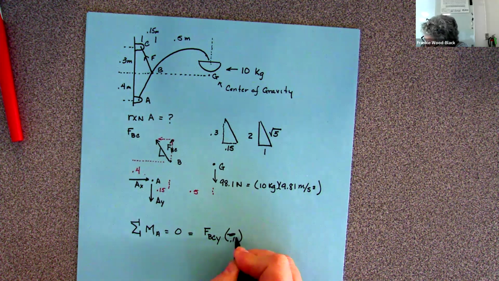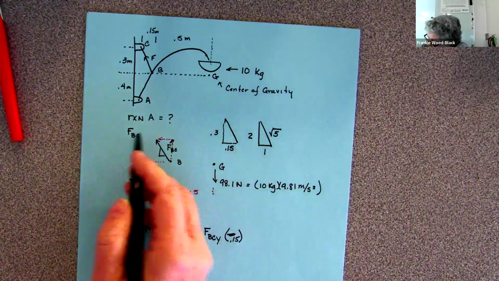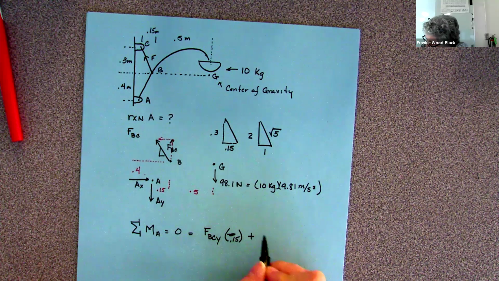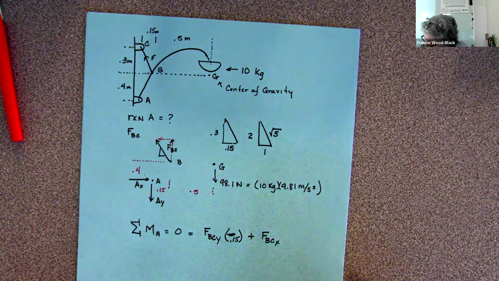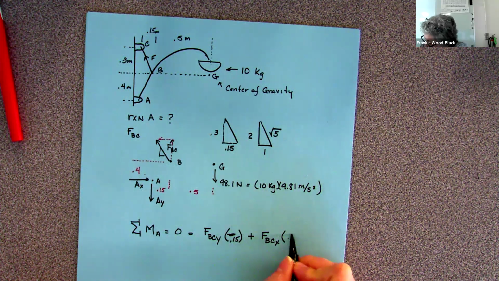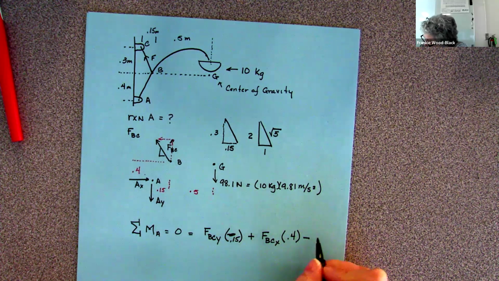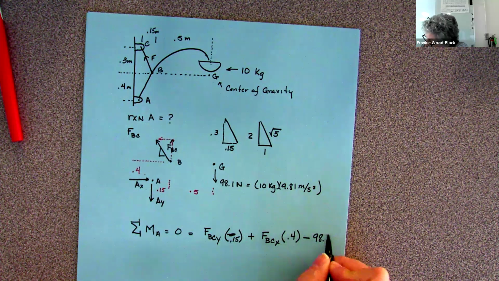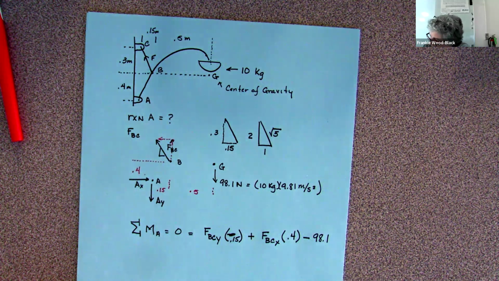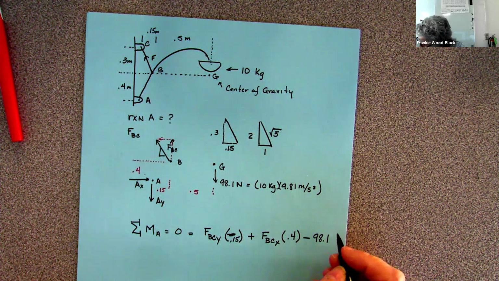That's my 0.15, my FBCX, and that's 0.4, minus my 98.1, and its distance is 0.65.